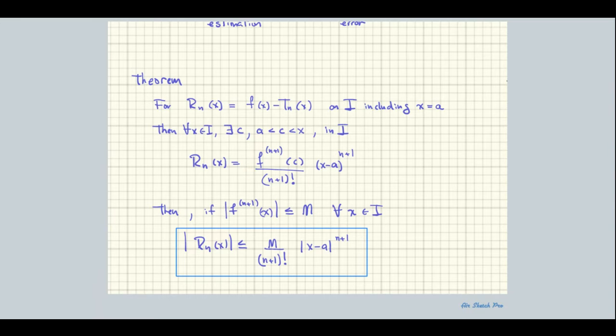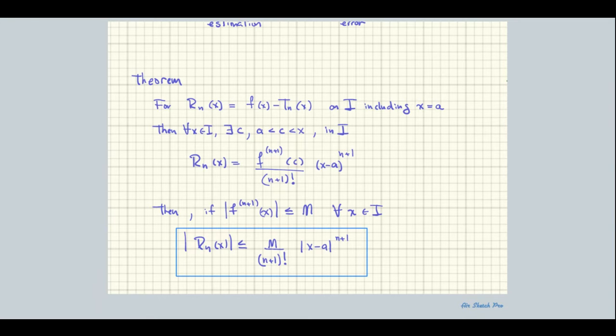So the n plus first derivative at some value c between the a that you're expanding around and the x that you're trying to evaluate, divided by n plus 1 factorial. I don't know what that c is, and I'm not going to be able to find that c.